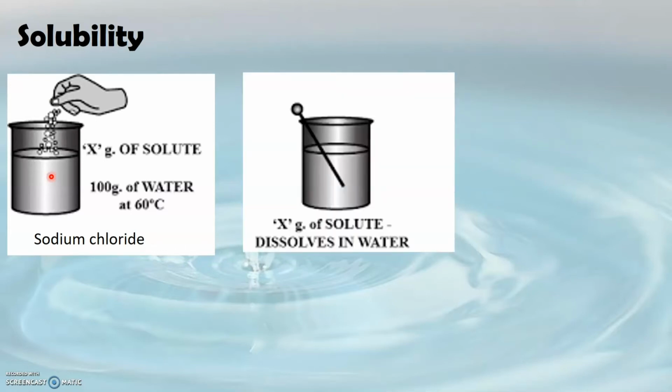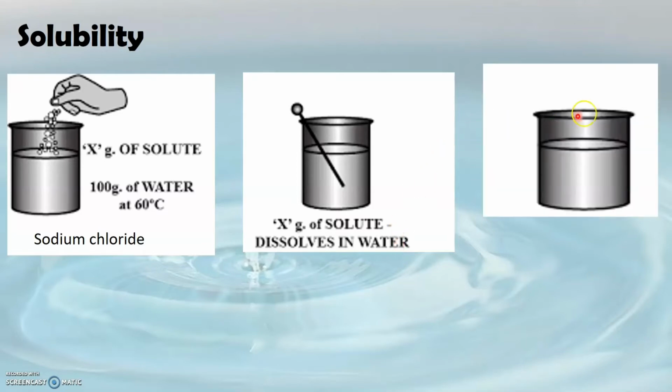We know that when the solute sodium chloride is added into water and mixed well, it dissolves in the solvent water. So this X gram of solute has dissolved in water, and what we get is a solution.